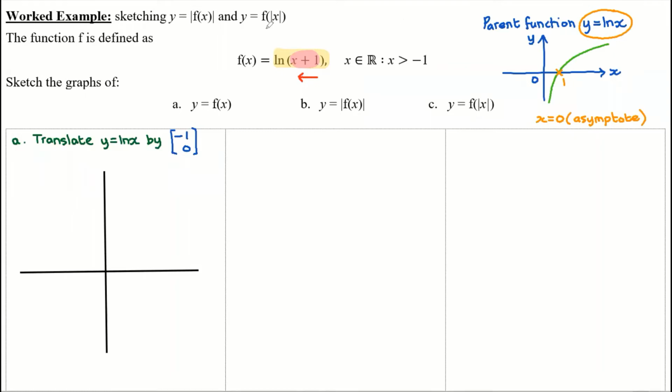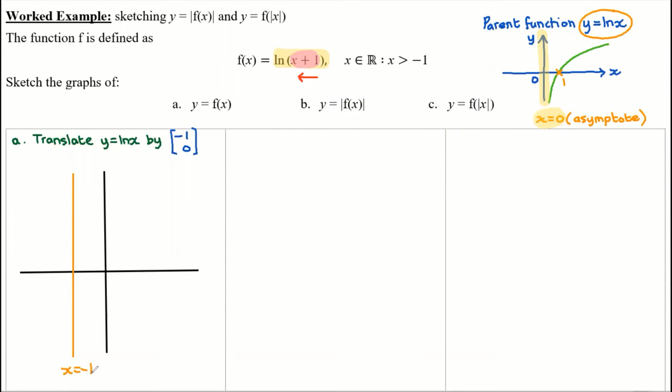It's kind of hidden on the parent function, but it's right here on that y-axis. That asymptote needs to shift 1 unit to the left. So we'll put that on first. I'll put that in orange. It's going to be somewhere about here, depending on your scale, of course. So we'll call that line x equals -1. That is now the asymptote.